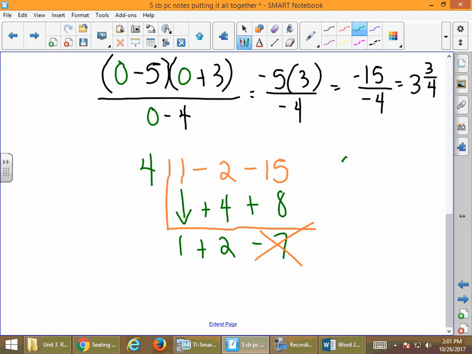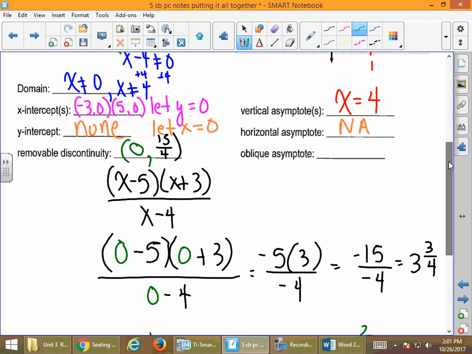We started with x squared. When we divide, we decrease by a degree. So this leaves us with 1x plus 2. You don't need to write the 1, because an oblique asymptote is in slope-intercept form. So we've got y equals x plus 2.